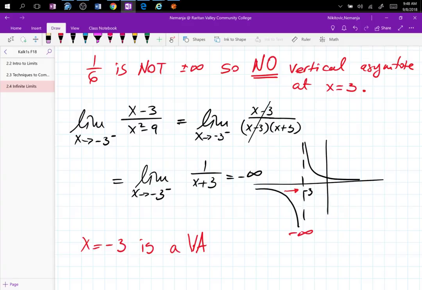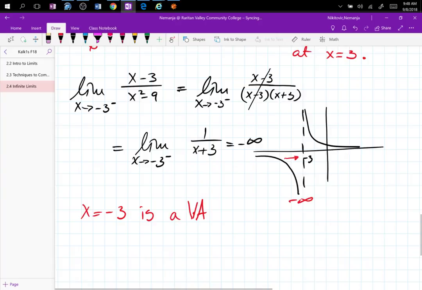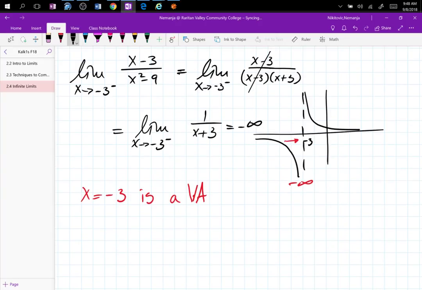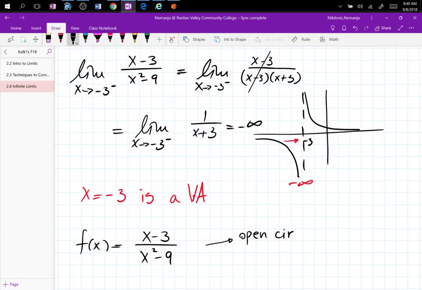So now you can finally have the clear picture for f of x equals x minus 3 over x squared minus 9. This particular function has an open circle at 3, 1 over 6, which means no value there.